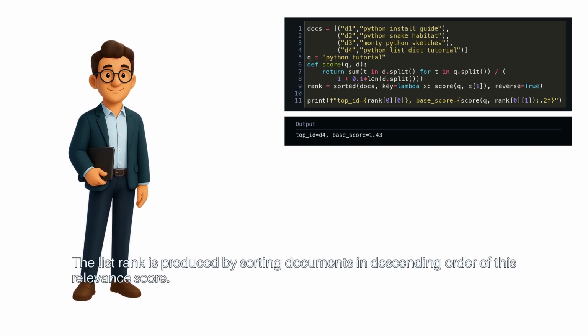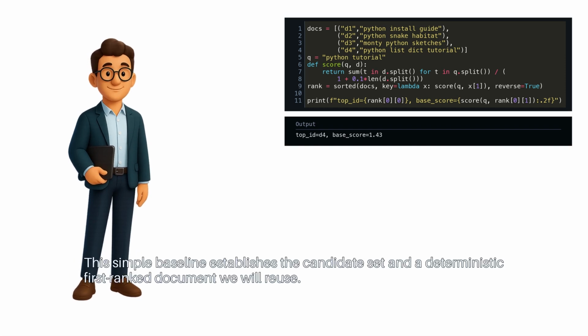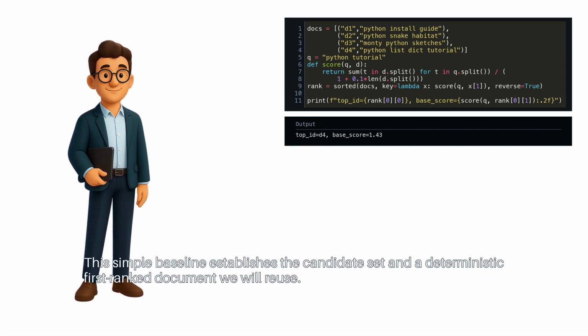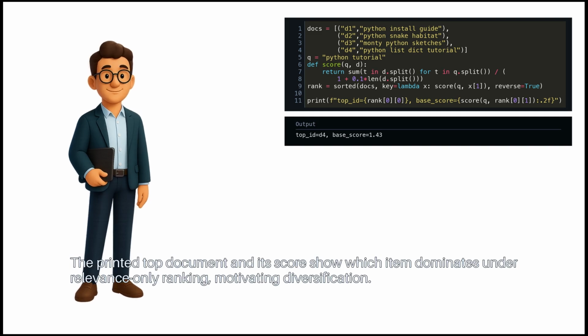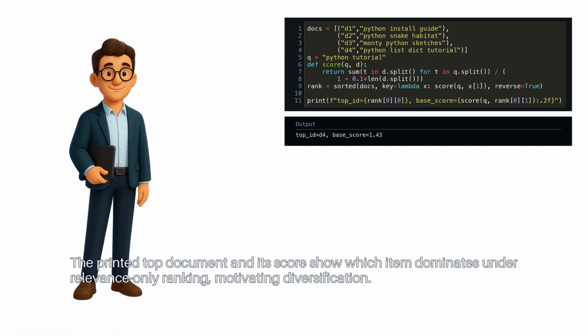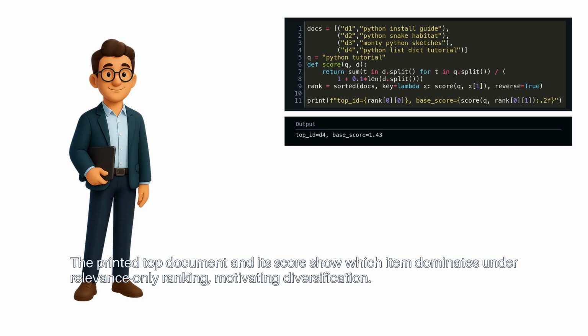The list rank is produced by sorting documents in descending order of this relevance score. This simple baseline establishes the candidate set and a deterministic first-ranked document we will reuse. The printed top document and its score show which item dominates under relevance-only ranking, motivating diversification.